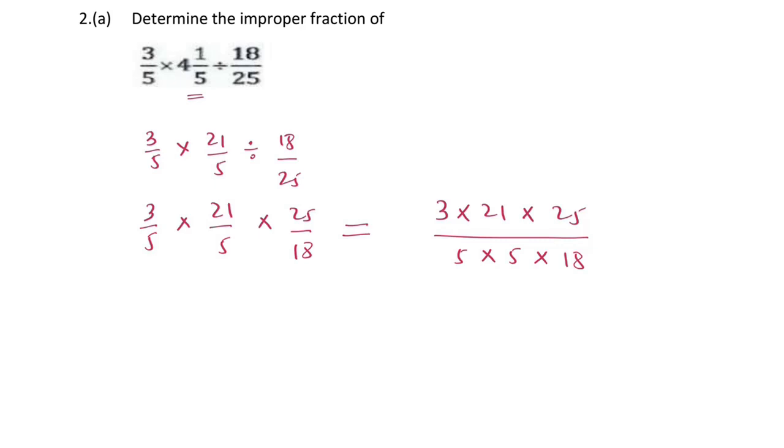Then we are going to simplify this by cancelling this 5 from the denominator and 25 from the numerator, and also 3 will be cancelled by dividing with 18, which is going to give us 6. Then the result is going to be 21 over 6, which can also be simplified as 7 over 2. And this is going to be our answer.